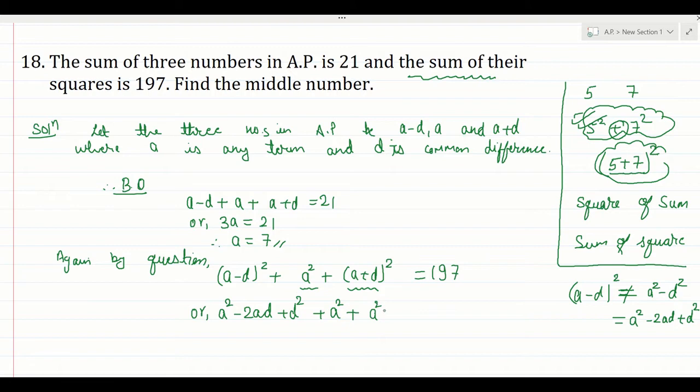It is A square plus 2AD plus D square is equal to 197. Let's simplify this one. Minus 2AD and plus 2AD cancelled. So we are left with 3A square, because A square is 3A square plus 2D square. Why? D square plus D square is equal to 197. Is this clear? Okay.